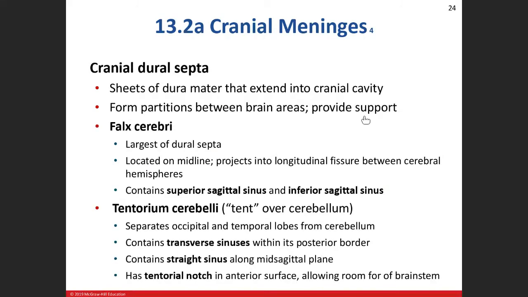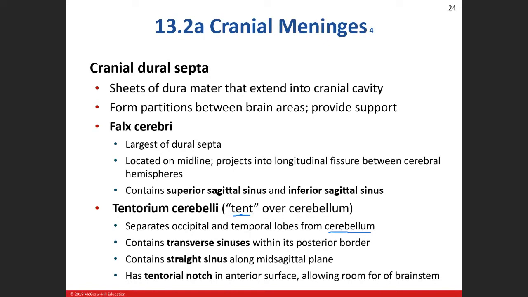The other type of dural septa is found underneath the cerebrum, and it divides or separates the cerebrum from the cerebellum. We call it the tentorium cerebelli, and I tell folks, think of a tent. This tent covers the cerebellum, the mini brain, and separates it from the cerebrum.